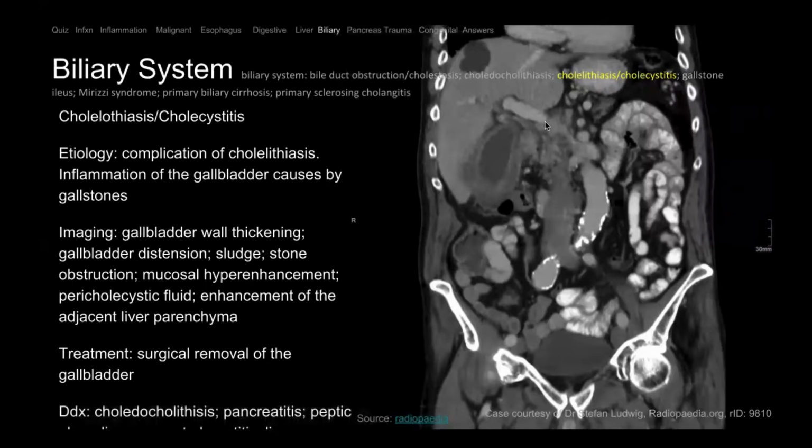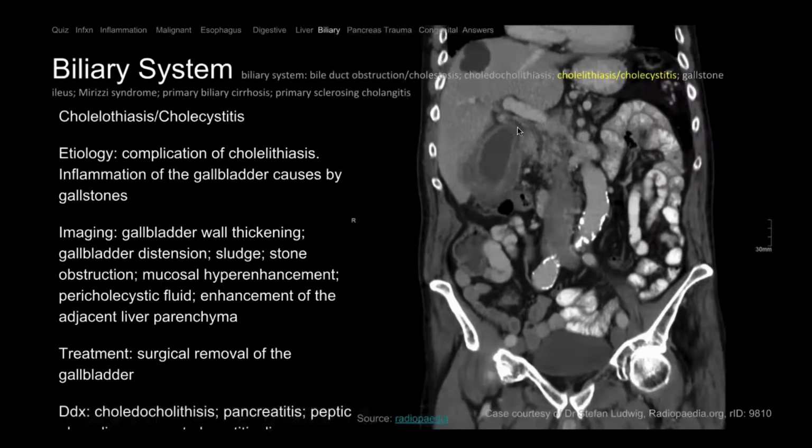Cholecystitis. So you can get complications of gallstones when the cystic duct is obstructed from a stone or something else, like if there's an inflammation, it can also cause obstruction of the cystic duct. And here we see the gallbladder is markedly thickened. There's distension, and there's inflammation. So this is acute cholecystitis.